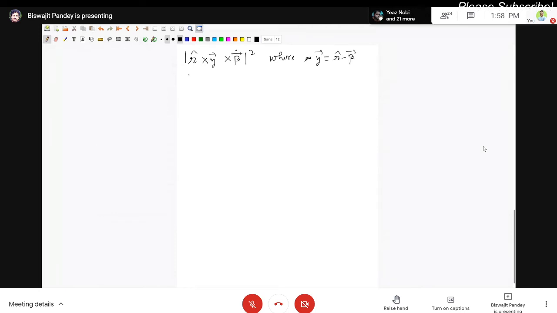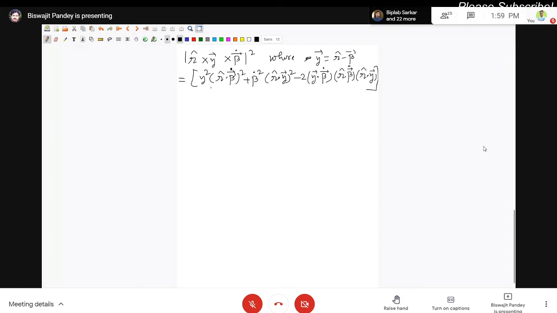We wanted to simplify this, so our expression looks like this: y square times r cap dot beta dot square, plus beta dot square times r cap dot y square, minus twice y dot beta dot times r cap dot beta dot times r cap dot y.